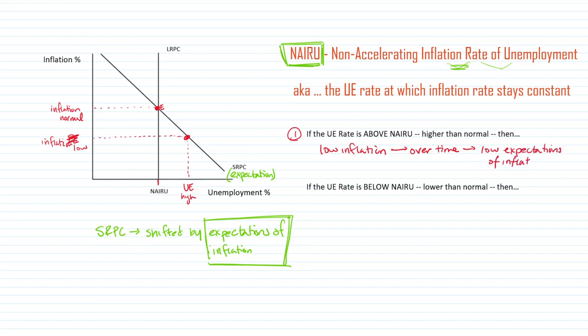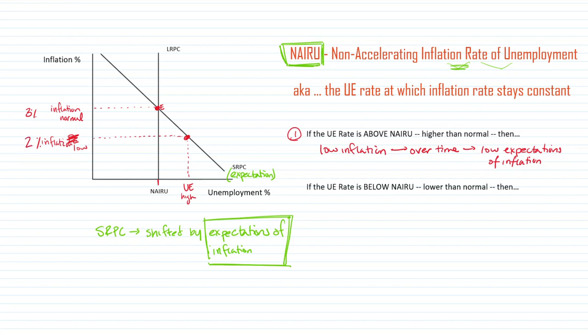In other words, if I think inflation is going to be 3%, but it persistently turns out to be 2% instead of 3%, then I'm probably going to begin to think, wait, I must be wrong.